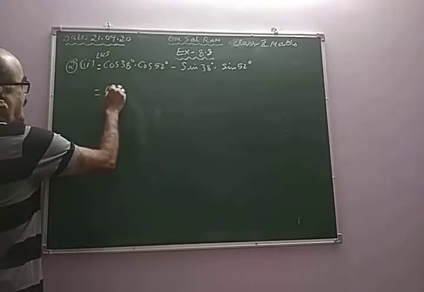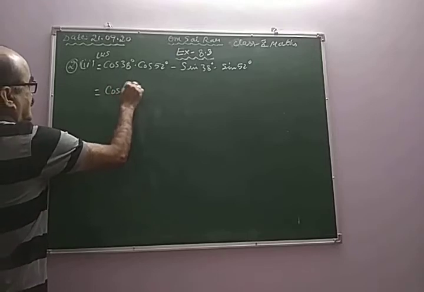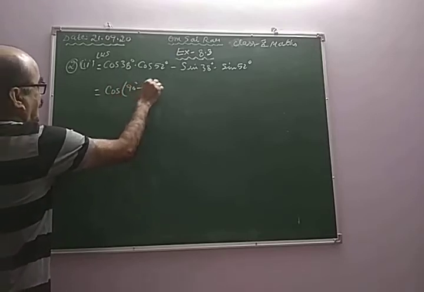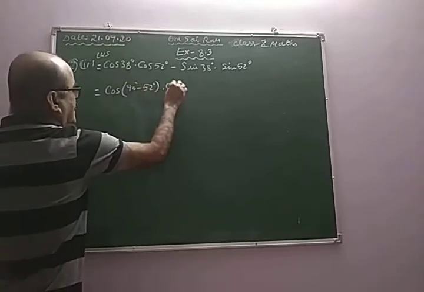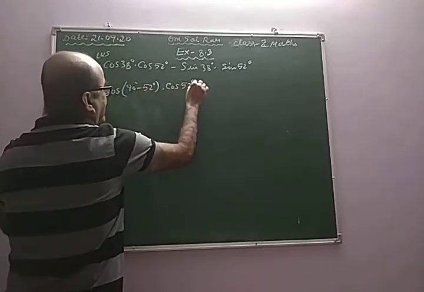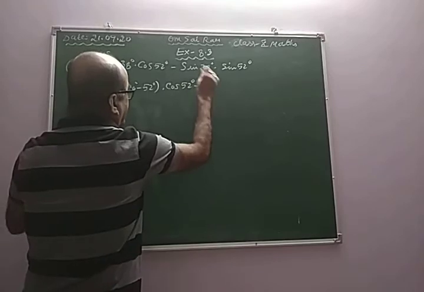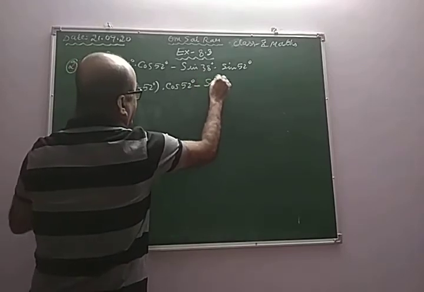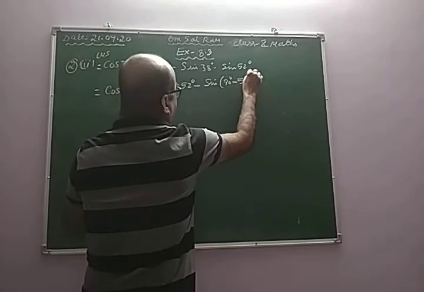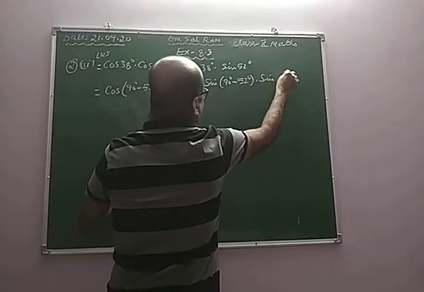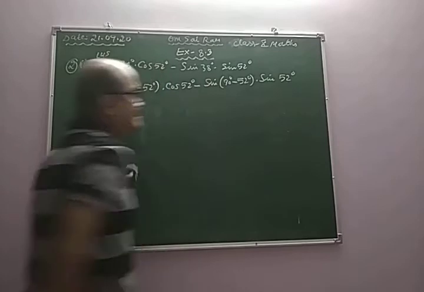So cos 38 can be written as cos of 90 degree minus 52 degree. 90 minus 52 is 38, and cos 52 will remain as it is. And again I am changing sin 38 as sin of 90 degree minus 52 degree, and sin 52 degree will remain as it is, right?